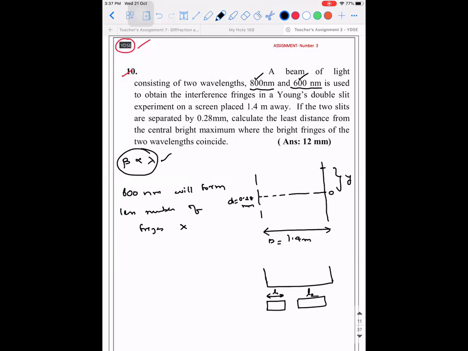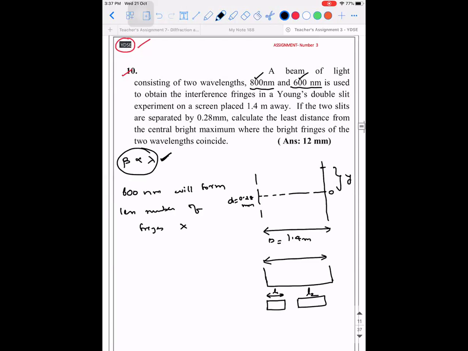Tell me logically, within the same given box, which cardboard can you fit in more number? L1. That is because its width is less, right? In a similar way, if the width of the fringes is less, then more fringes can be formed within a particular location. I told you fringe width is less, but I never told you the number of fringes is less. Okay.